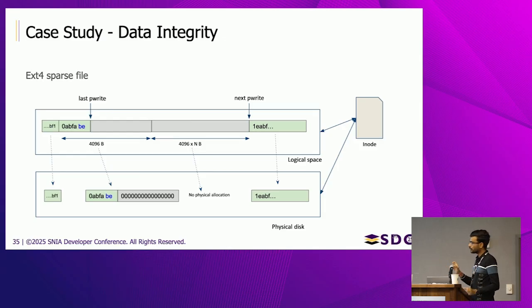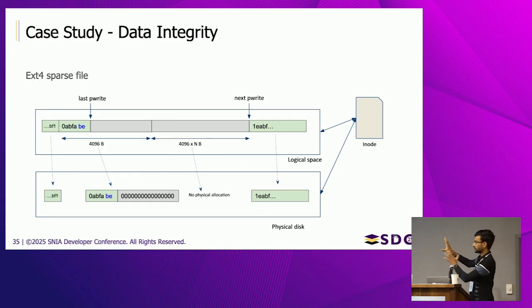But the ext4 block size is 4096 bytes. So if you have even a single byte of write in a 4096-byte block, you have to do a physical allocation for the whole 4096 block, and you have to actually write zeros for that block. But for any subsequent blocks for which you haven't written any data, which are part of the ext4 hole, you don't need to do any physical allocation.